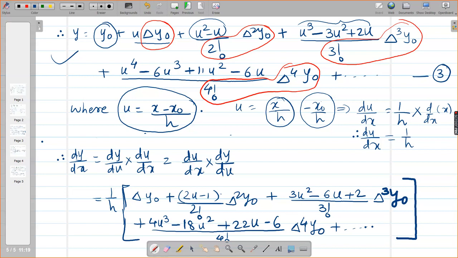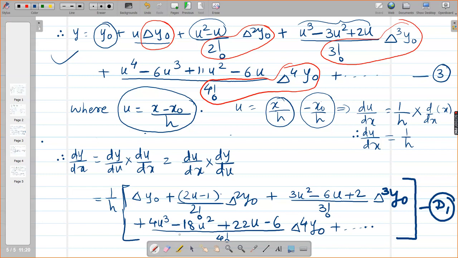So this is your very first formula. You can call it D1 if you want. This is not a universal notation. You can use any other notation, or you can simply say A, B, C, D. This is your very first formula of the first derivative.